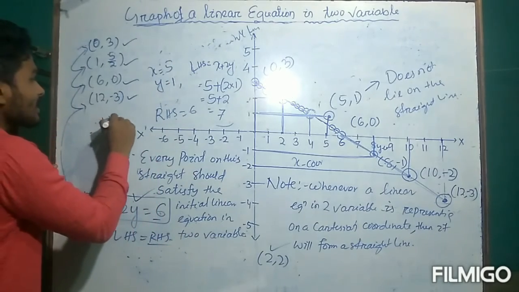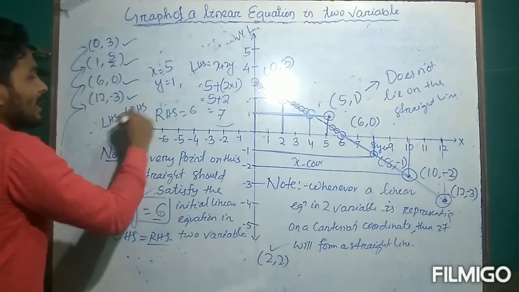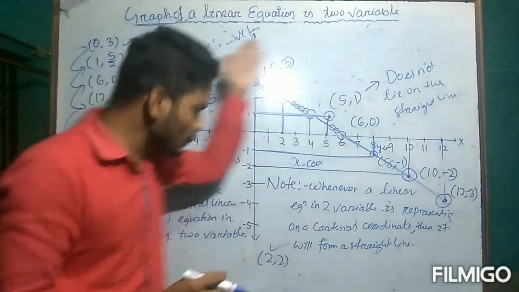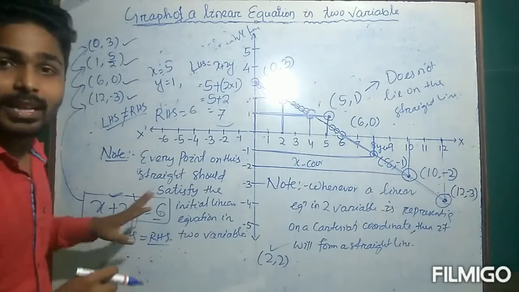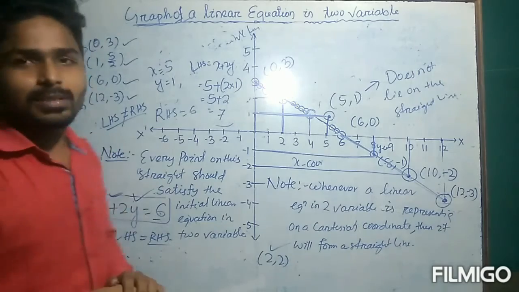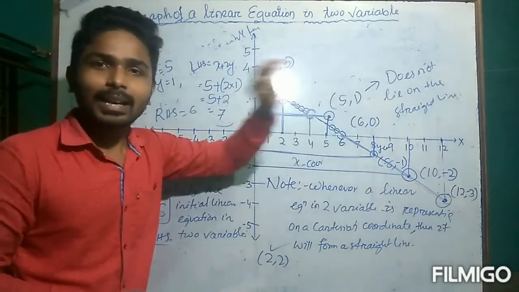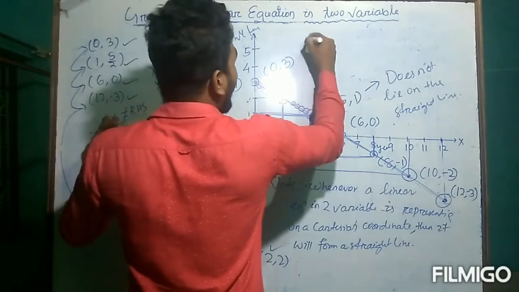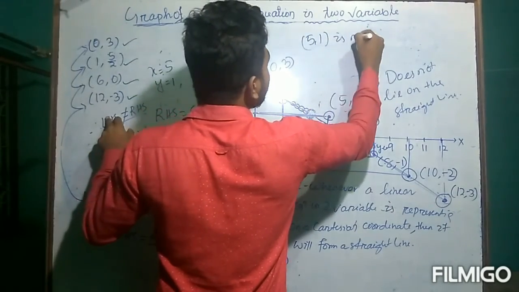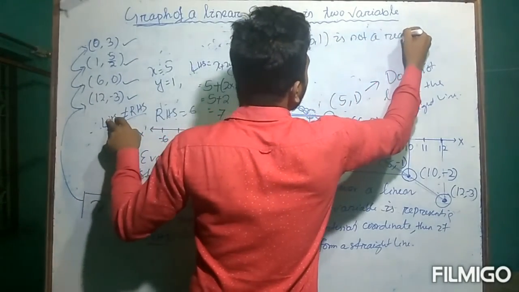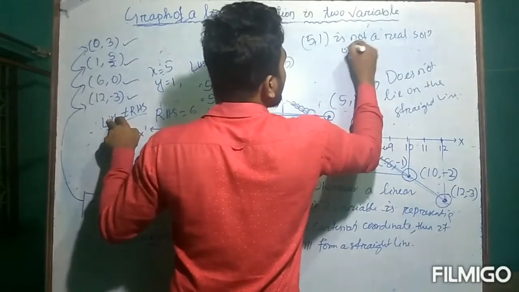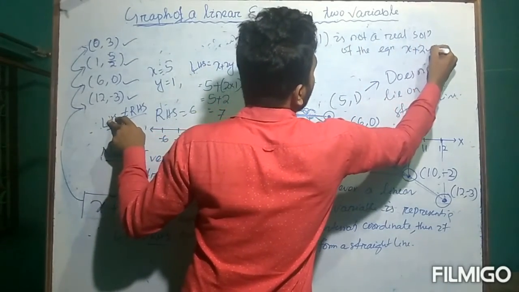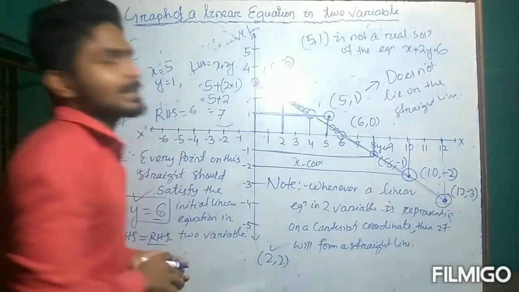No, you can write LHS is not equal to RHS. Since LHS is not equal to RHS, the coordinates do not satisfy the original equation. Hence, (5, 1) is not a real solution of the equation x plus 2y is equal to 6.